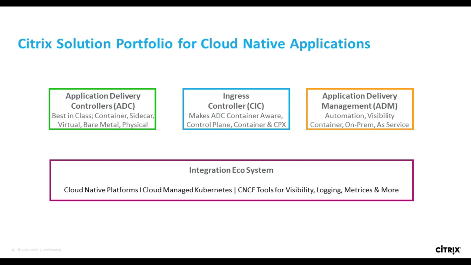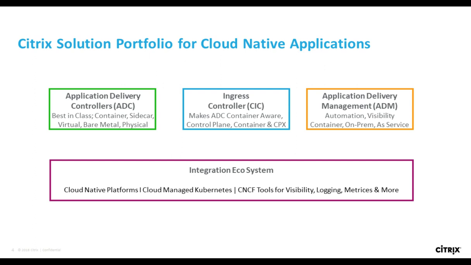Starting with this framework, the next thing we are going to talk about is what the Citrix solution portfolio looks like for cloud-native applications. It is a collection of 4 building blocks. Number one is application delivery controllers, which many of you are already very familiar with.